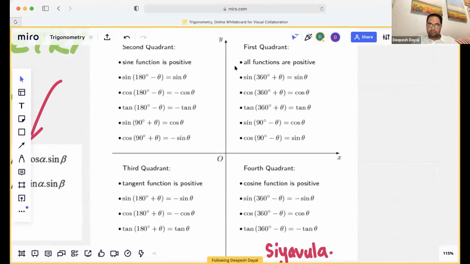Yes, the Cartesian plane showing the CAST rule. So here we've got cos, here we've got all, here we've got sine, and here we've got tan. Have you seen this diagram before? You've all seen it. Okay, great. I got this diagram from online.